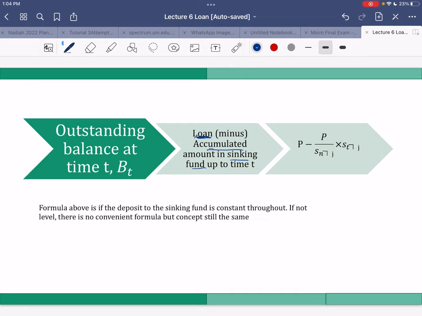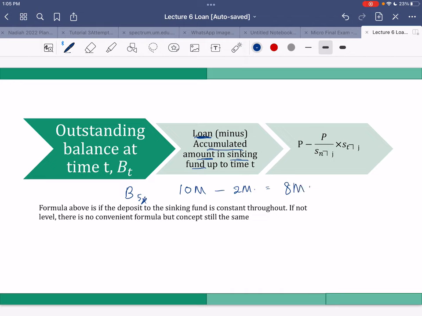For example, if you want to find the balance at time 5, let's say after 5 years, you take the loan amount, which in our example just now is 10 million, but you subtract all of the amount already accumulated in the sinking fund. Let's say at time 5, your sinking fund has 2 million. So your outstanding balance at time 5 is 8 million.